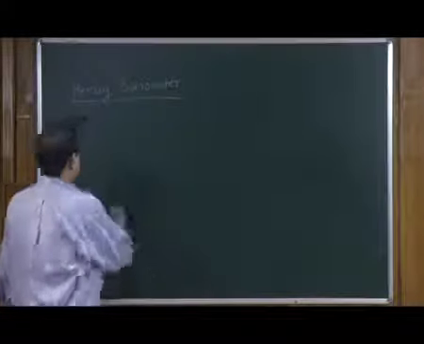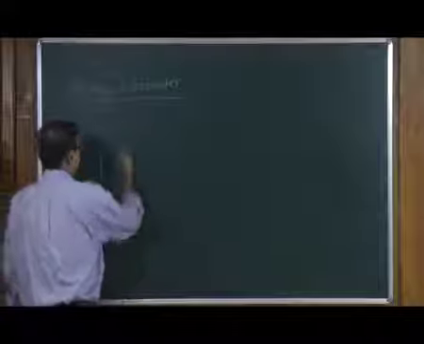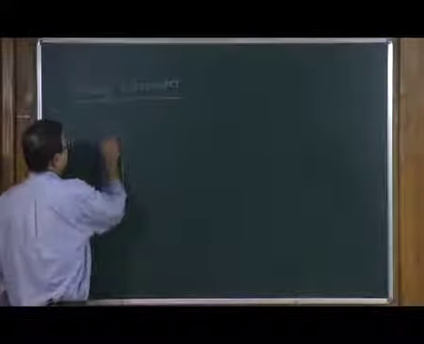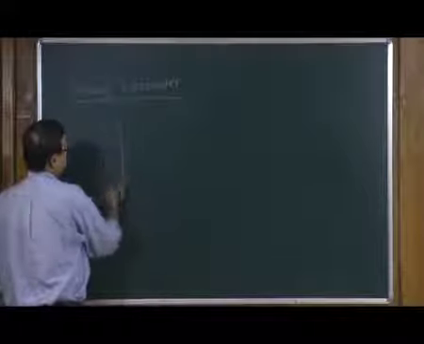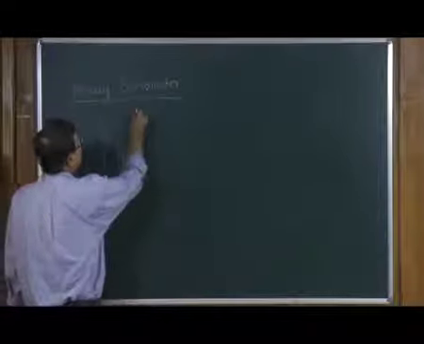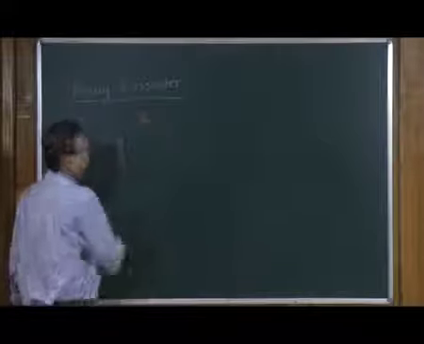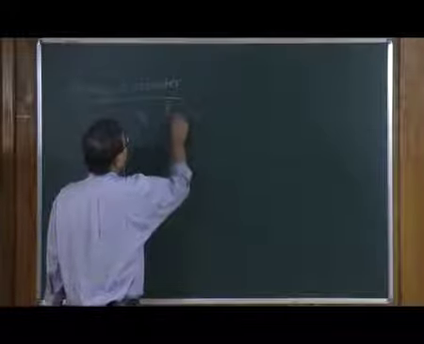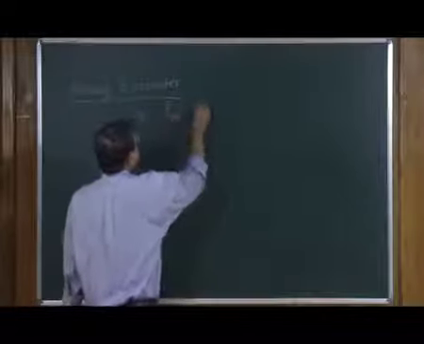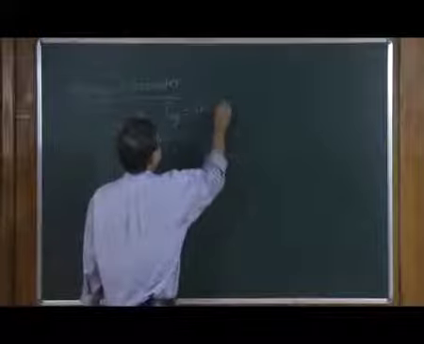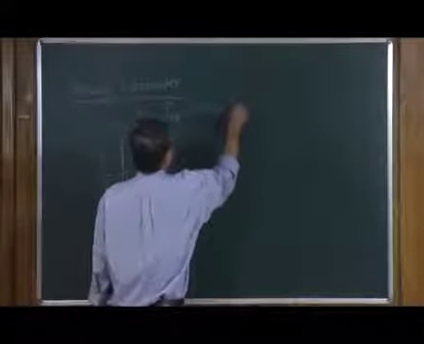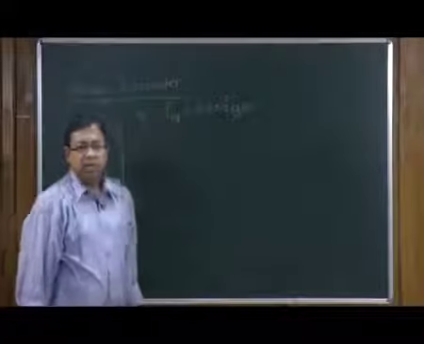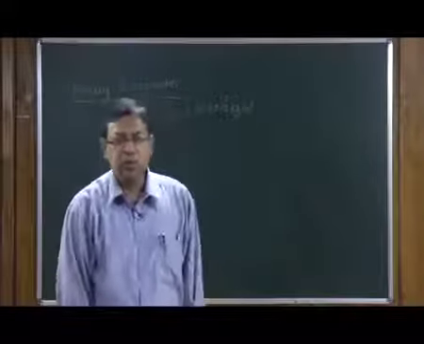So, you take a tube like this full of mercury. We have said that mercury is represented by Hg, and the density of mercury is 13.6 into 10 cube kg per meter cube. So, it is actually quite a dense liquid.